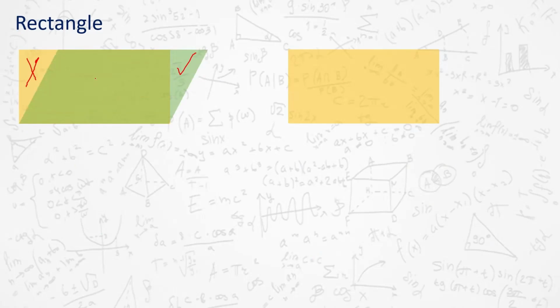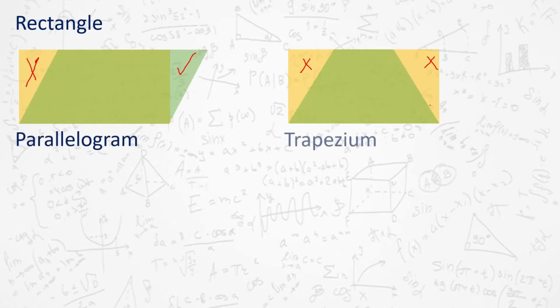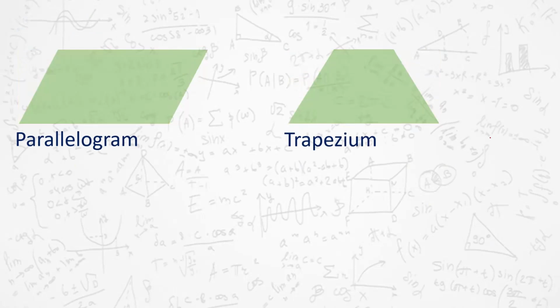You just slanted to one side. The other one is this one here, where obviously you don't have those two areas. The shape on the left-hand side is called a parallelogram. The shape on the right-hand side is called a trapezium. So let's look at how we calculate their areas.